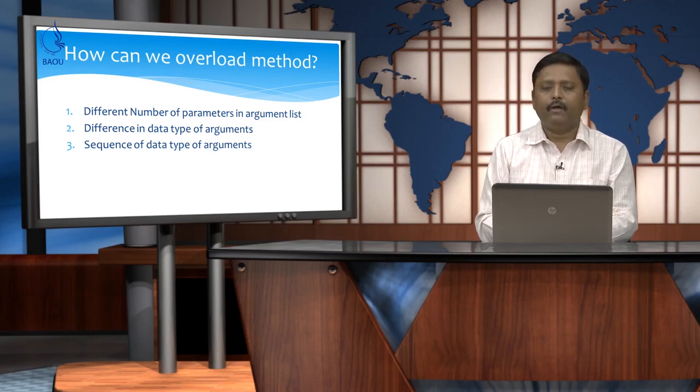For example, if we have a sort method which takes two parameters, one is an integer array and another is a type, which determines whether to sort data in ascending order or descending order, we can let the user provide either the array first and the type second, or the type first and the array second. So, this is how we can also achieve method overloading to provide flexibility to the user. These are the three ways in which you can overload a method in Java.